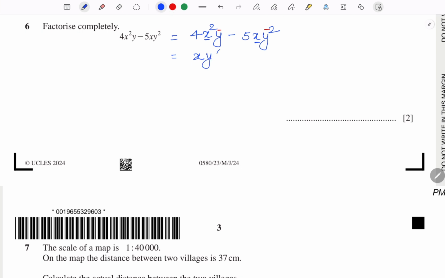Now, if I have put x and y aside, here I am left with 4x minus, and here I will be left with 5y. I don't think I can simplify it any further, so we have already factorized the expression. The answer here is xy into 4x minus 5y.